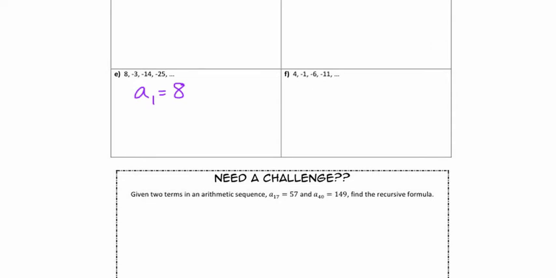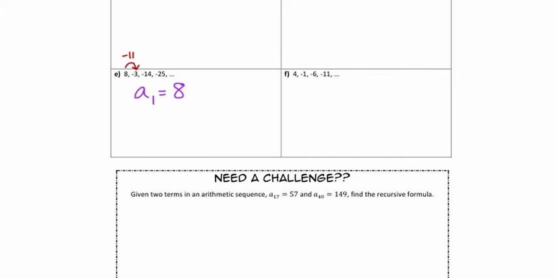Let's figure out what the common difference between consecutive terms is. To get from 8 to -3, that's -3 minus 8. Notice that we're decreasing, going from a positive number to a negative number, so we have to be subtracting. We're actually subtracting 11 to get the next term.